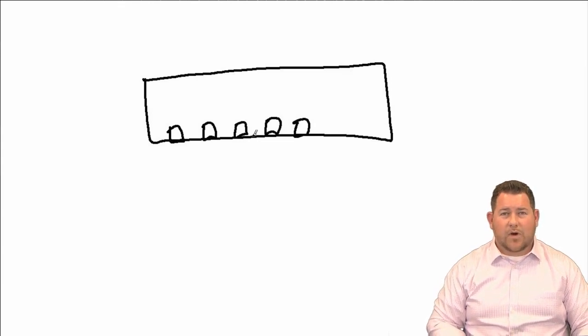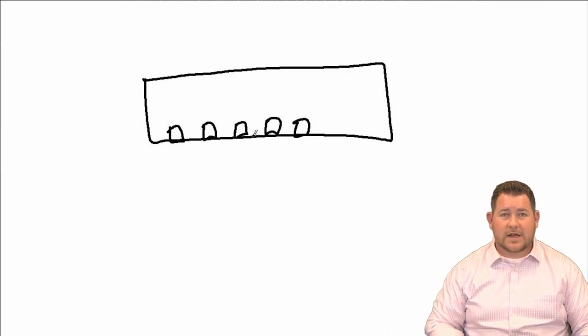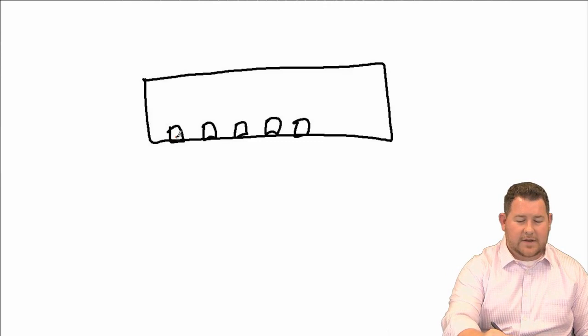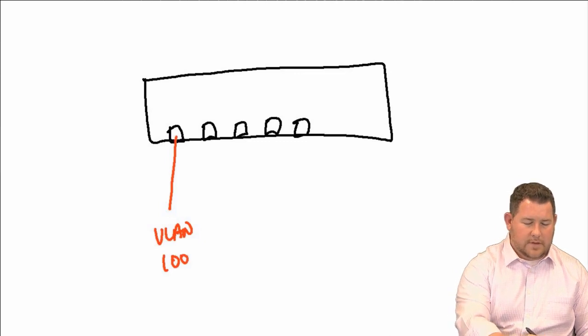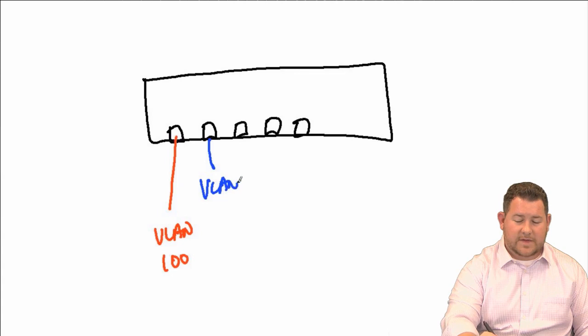We can essentially, if we want to, have 5 different local area networks corresponding to those ports, as long as we put those ports in a different VLAN. So maybe we want to say that this first port here is going to be VLAN 100. And maybe the second port is going to be VLAN 200.